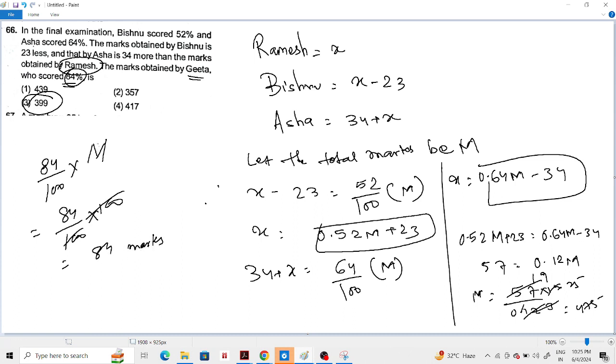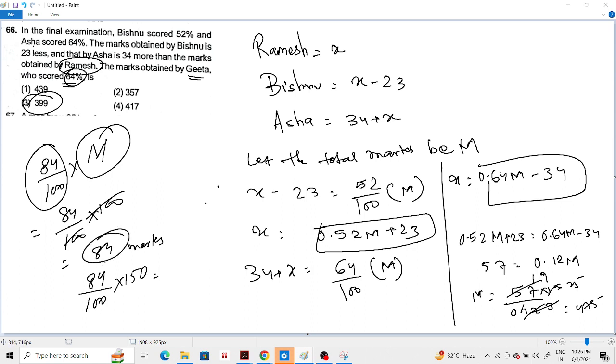Now it might happen that the full marks is not 100. The full marks is something else. Say your paper is out of 150. Now you got 84%. As I told you, in percentage always the whole thing is considered as 100, right? So if your paper is out of 150 marks, then what is 84% of 150? It is something more than 84, right?